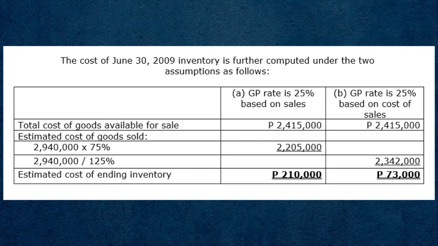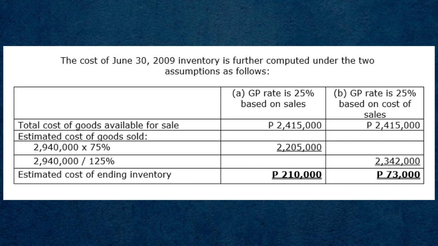Estimated cost of goods sold: 2,940,000 times 75% under A, gross profit rate is 25% based on sales, is 2,205,000 pesos. 2,940,000 pesos divided by 125% under B, gross profit rate is 25% based on cost of sales, is 2,342,000.